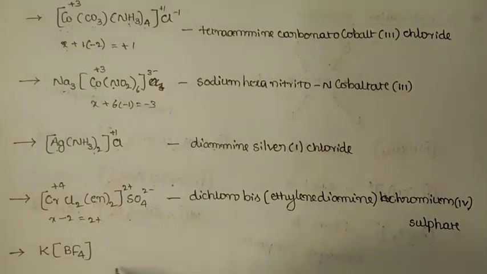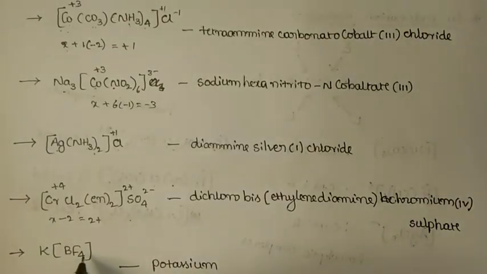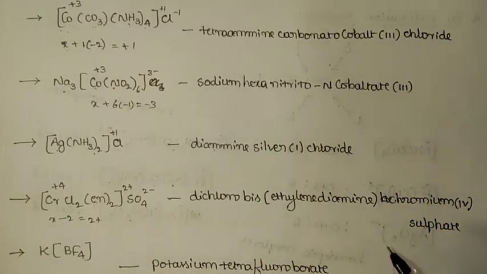And the last one here, the ionic sphere is potassium. So potassium. And in the coordination sphere, the ligand is fluorine, which is present in 4 number. So tetrafluoro, and the central metal ion is boron, but this is anionic form, so the name should end with borate.